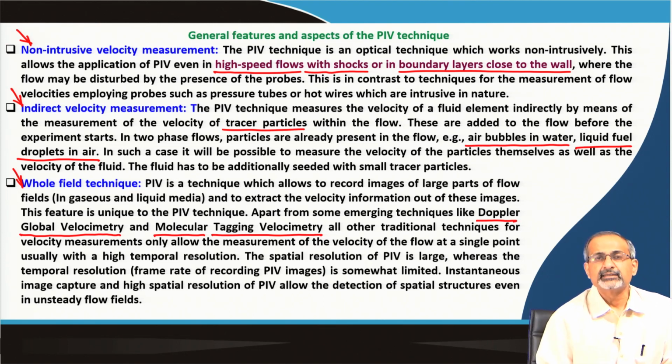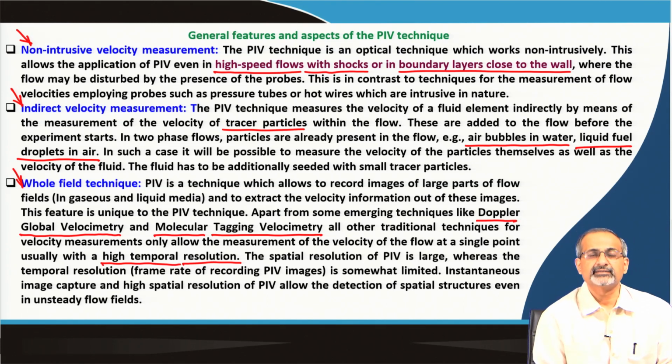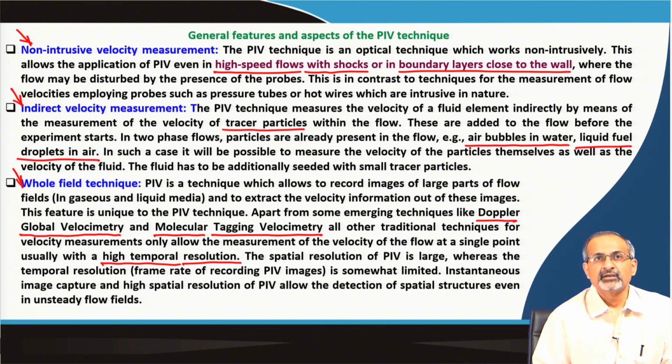One good thing is that for single point based measurements, there is very high temporal resolution. That means, in the time space, you can have the data acquired at extremely high frequencies. The spatial resolution in PIV is fairly high.